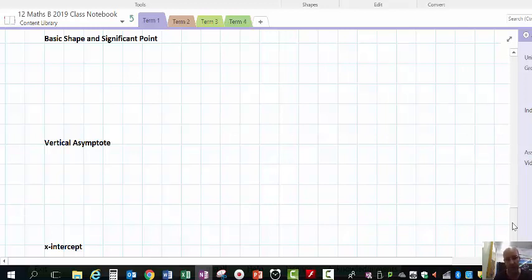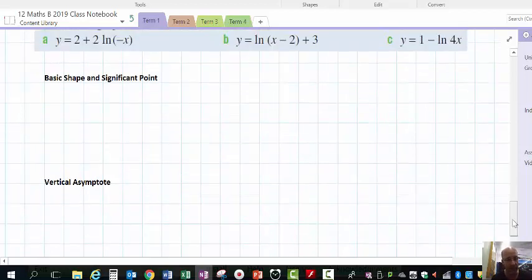Instead of the horizontal asymptote, we're looking at the vertical asymptote this time. Instead of the y-intercept, we're looking at the x-intercept. So more of the same, although it's different with a different function.